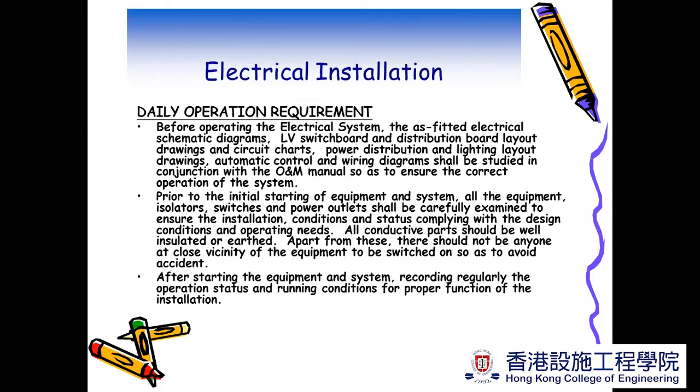But as we mentioned before any electrical system functioning, we must have the maintenance information, like the electrical diagrams, LV switchboard, layout panel, the circuit charts, power distribution and lighting layout, all these things, right? And then the other equipment.